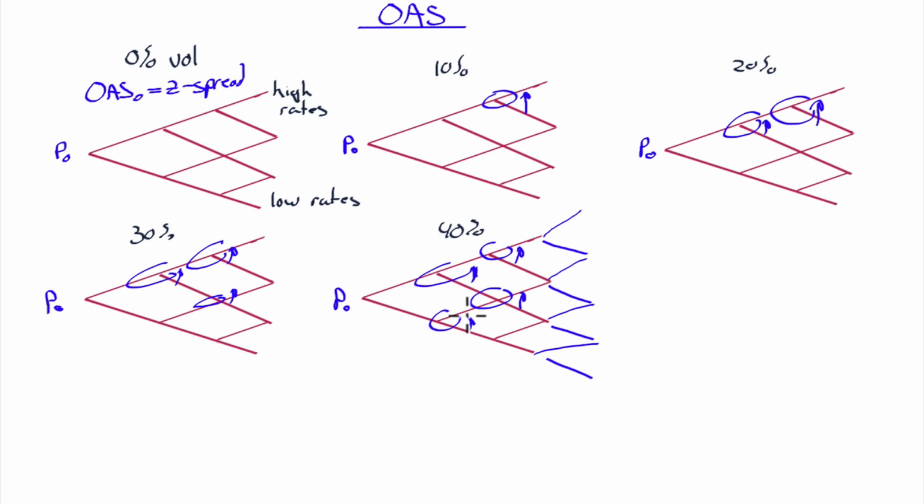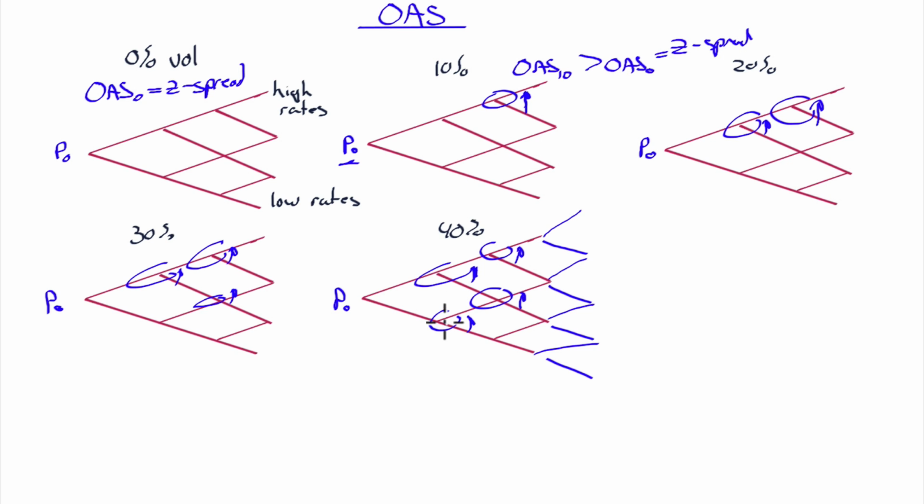Not only that, the important thing is, what are we doing when we put the bond? We're pushing the price up. Well, when we push the price up, to recover the same price we must need a higher spread because we have to discount a larger number. So here, OAS at 10 volatility must be greater than OAS at 0 volatility, which is equal to the Z-spread.